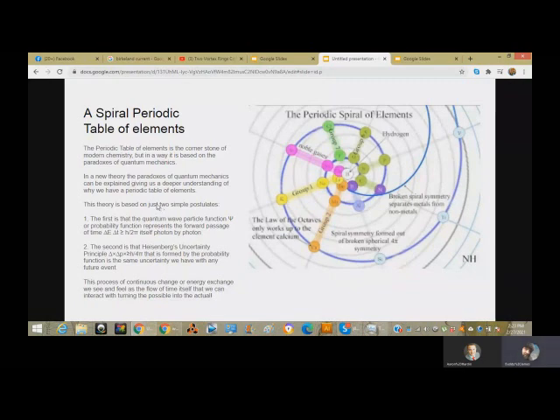The second is that Heisenberg's uncertainty principle that is formed by the probability function is the same uncertainty we have with any future event. This process of continuous change, or energy exchange, we see and feel as the flow of time itself that we can interact with, turning the possible into the actual.